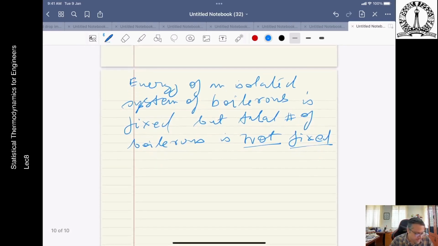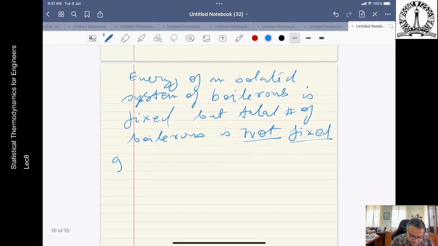Okay, and of course your Gj is much greater than your Nj. Okay, and of course your beta is therefore 1 over kT.